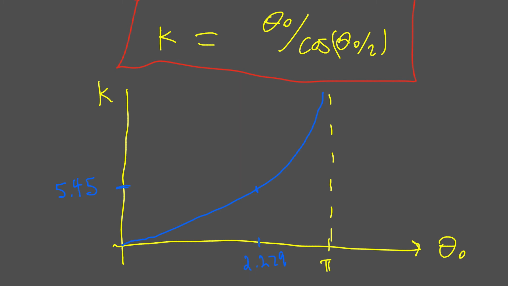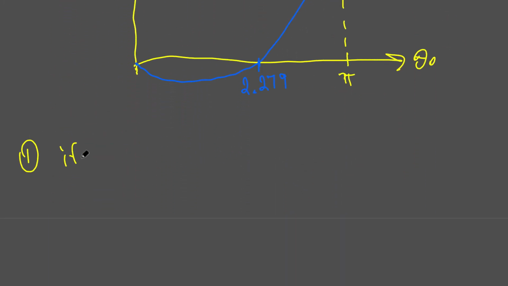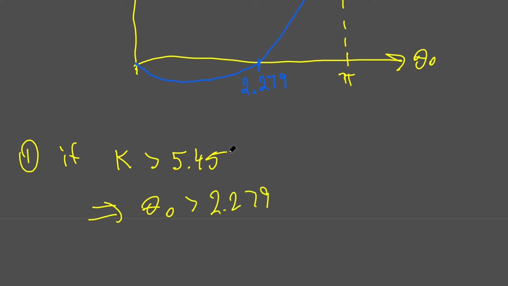So the first conclusion is: if k is greater than 5.45, then theta naught is greater than 2.279, and therefore when the tip reaches the tabletop level, y equals 0, x is greater than 0, and the pencil misses the table.